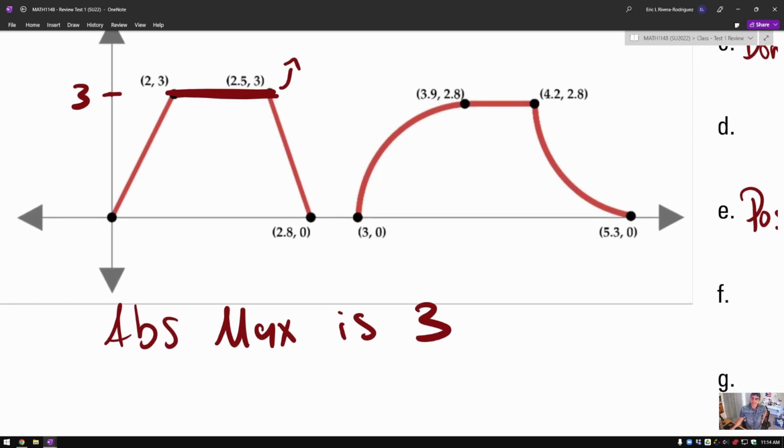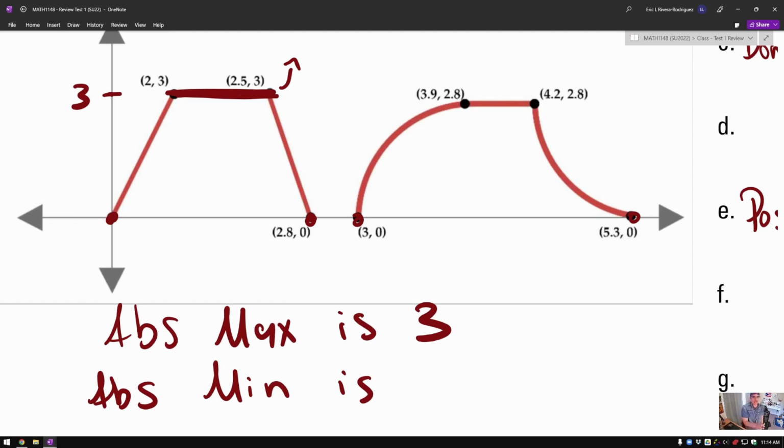Now, absolute minimum, the same concept, only let's find the lowest point on the graph. And we have 4, right? But we don't care if we have multiple points here.